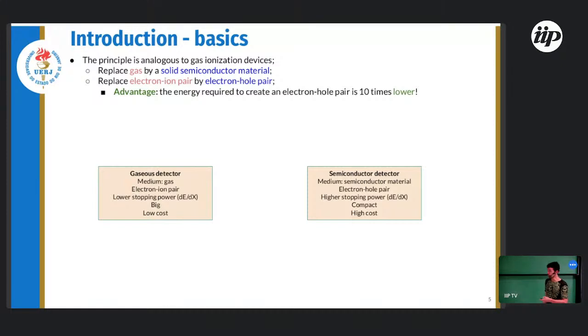And the main advantage concerning the type of ionization that we produce inside this detector is that to produce a pair here, we use 10 times lower energy than in a gaseous detector. It means that we don't need a very energetic particle to create a signal. So we have more sensitivity than a gaseous detector. That's why I talked about sensitivity yesterday.